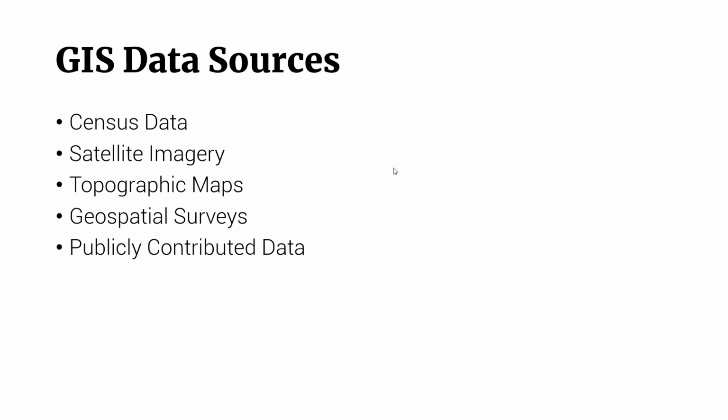Second one is satellite imagery. What is this? These are images obtained from Earth observation satellites. These are satellites that orbit around the Earth, and they capture imagery using their satellites. Third one is topographic maps. These topographic maps are detailed maps illustrating surface features.